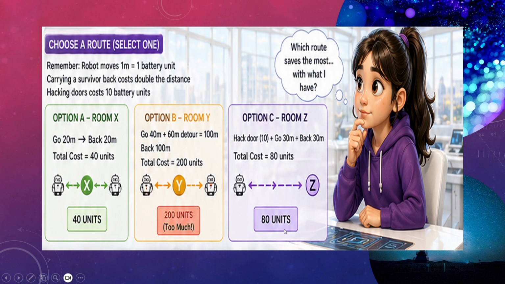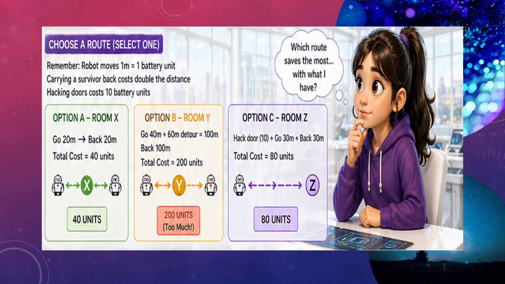But additionally, you also need to understand that the person in room Z might not even survive because of their condition. Whereas this person is injured but can survive. The chance of survival is higher. So taking all these points into consideration, we will go with room X.